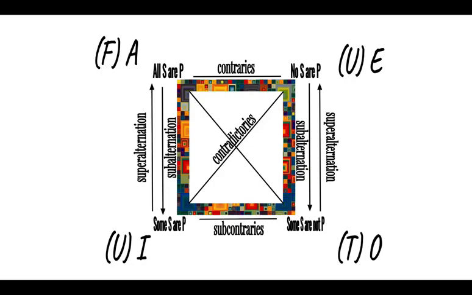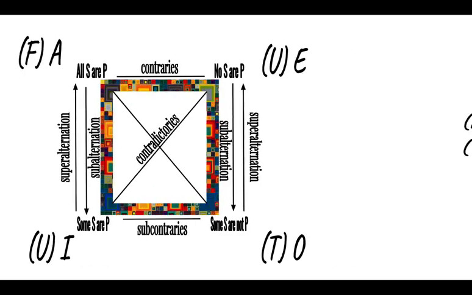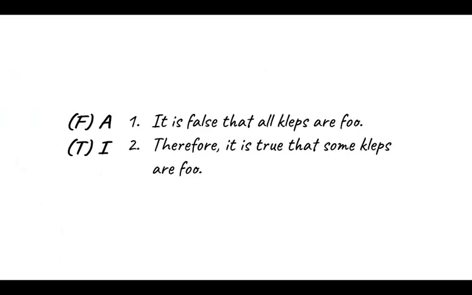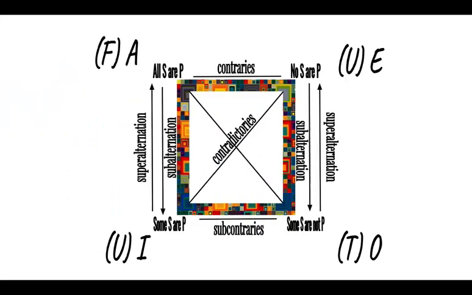The rest are undetermined. So before long, you'll realize there's really a finite set of possible squares you can have. You actually memorize them if you do enough of these. In any case, what we need to do here is look at the conclusion. That's a true I. If I go back here, our square says we have an undetermined I. So given the premise information, we don't know what the truth value of I is.